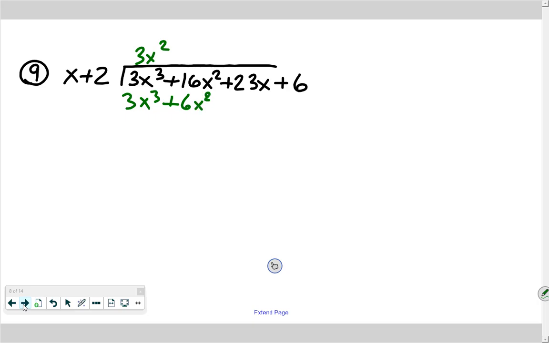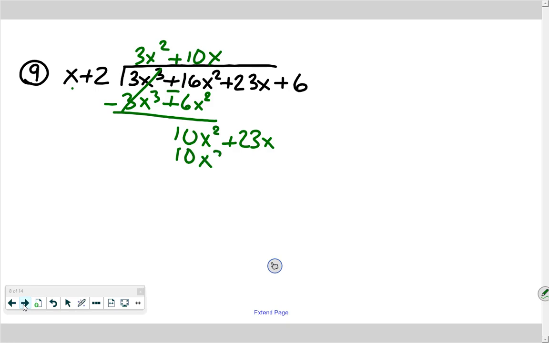Okay, but I've got to now switch. These guys go away. I'm subtracting 6 from 16, which gives me 10x squared. Bring down my next one. First divided by first, which is going to give me a positive 10x. I distribute it to what's on the outside, which gives me 10x squared.